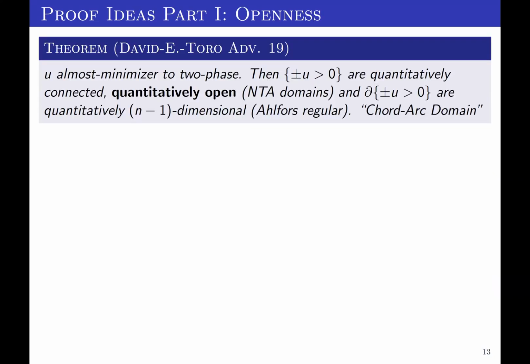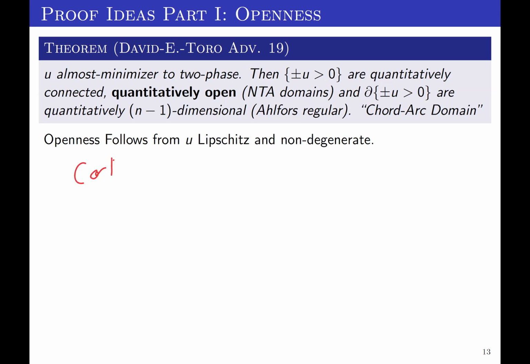Okay. So let me try to give you some ideas of the proof of this theorem. In particular, let's talk about quantitative openness. So what does quantitative openness mean? It's a condition called the corkscrew condition.